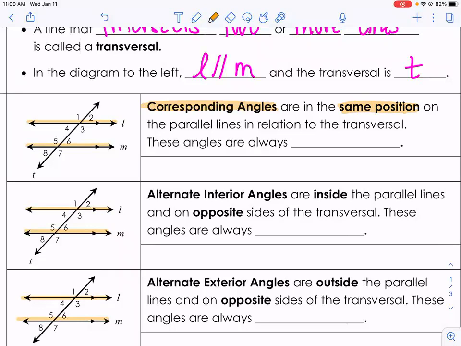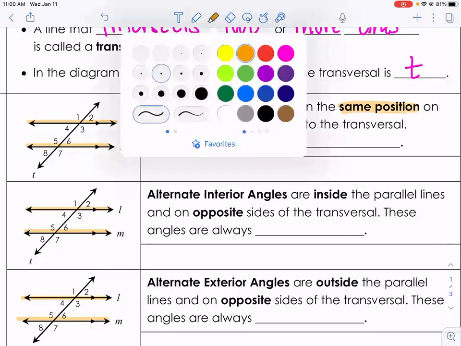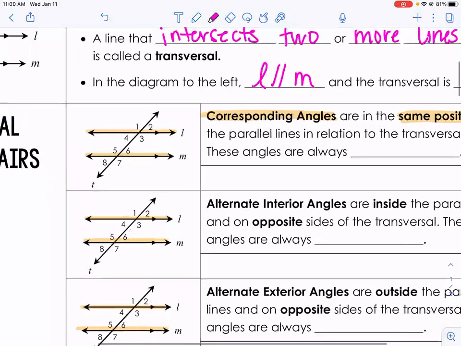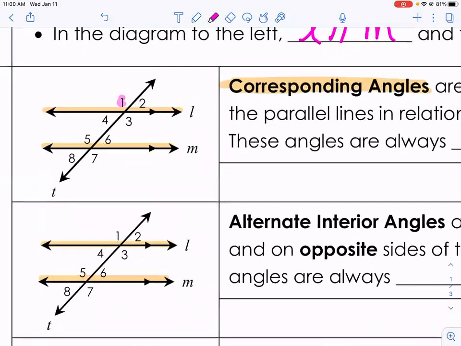Okay. Now I want you to grab a different color. I am going to highlight angle 1. Do you see how our parallel lines and transversal make a group of 4 up here and a group of 4 down here? Corresponding means they're in the same position.